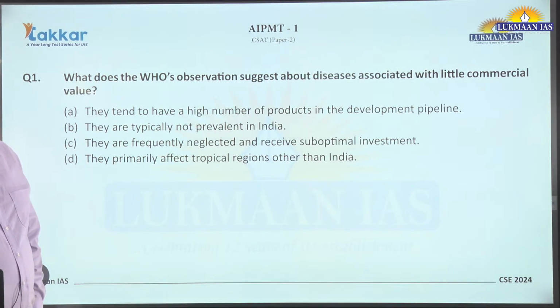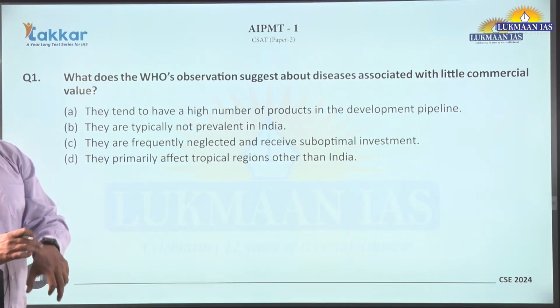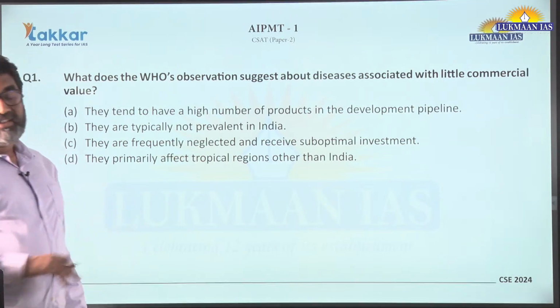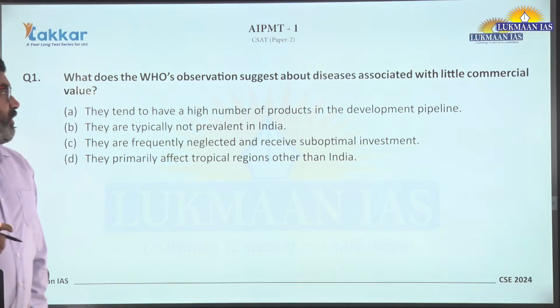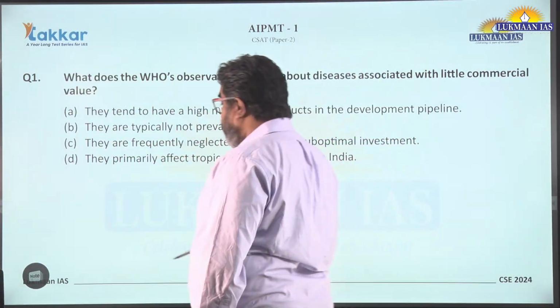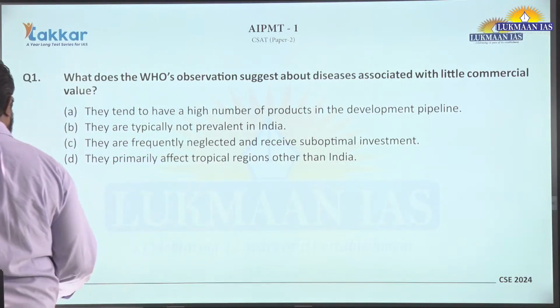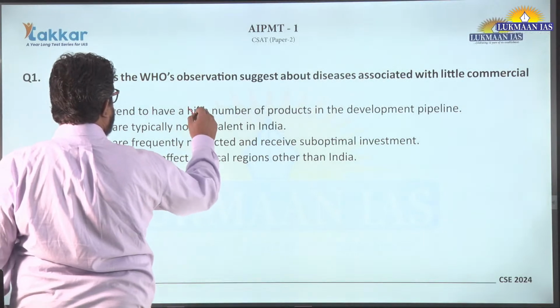This states that only a few products are there, so by the very virtue of it, the statement is wrong. They tend to have a high number of products, but the passage states that only a few products are in the developmental pipeline. So this directly contradicts the statement, and that's why this statement is wrong.